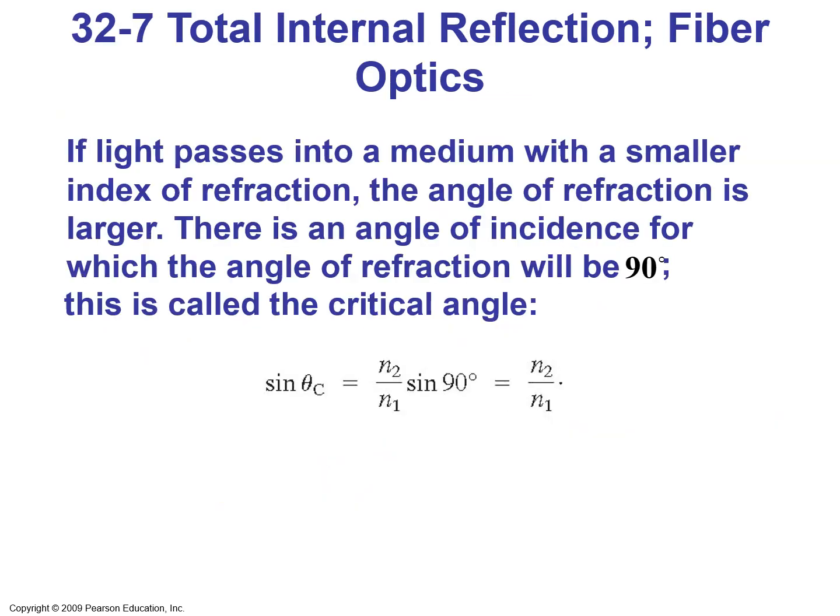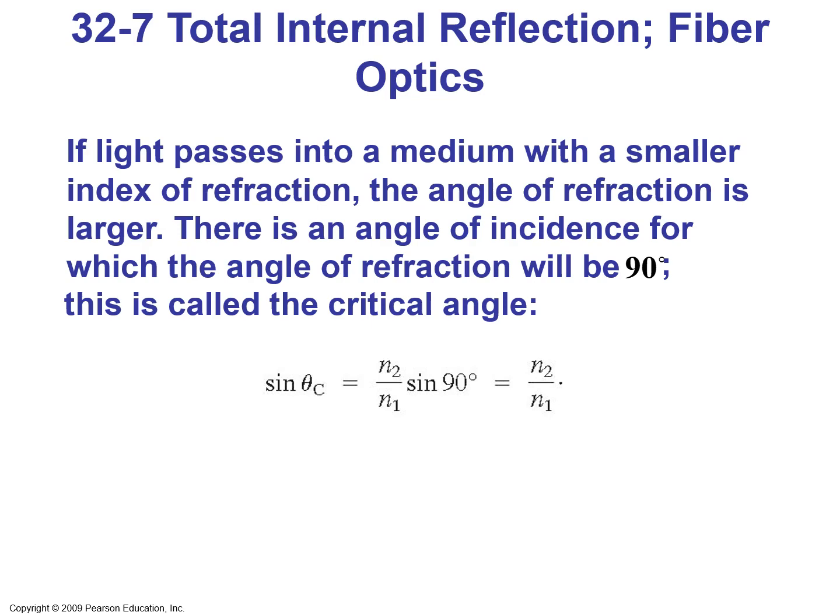Section 7. Total internal reflection, fiber optics. If light passes into a medium with a smaller index of refraction, the angle of refraction is larger. There is an angle of incidence for which the angle of refraction will be 90 degrees. This is called the critical angle.